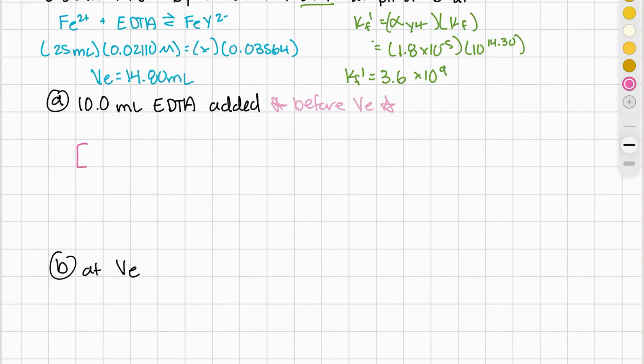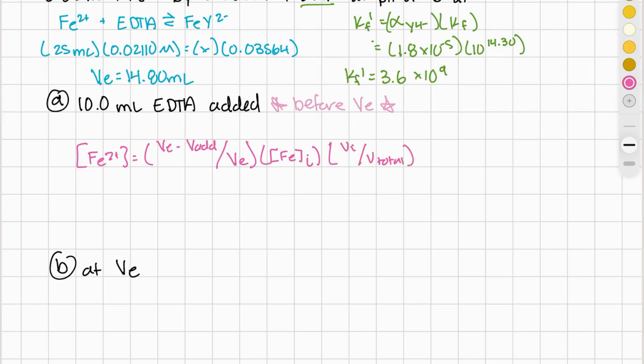So we have excess of that iron. And so what we're going to do is very similar to what we've done in the past. Fe2+ equals the fraction remaining, which if we remember, is VE minus V added over VE, times the initial concentration of that metal, and then times that dilution factor, which is just VI over V total.